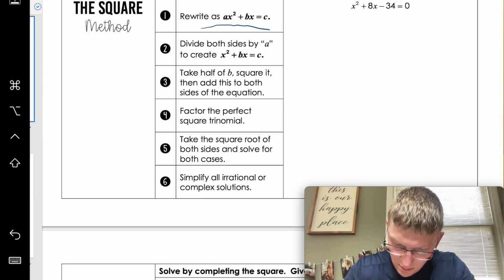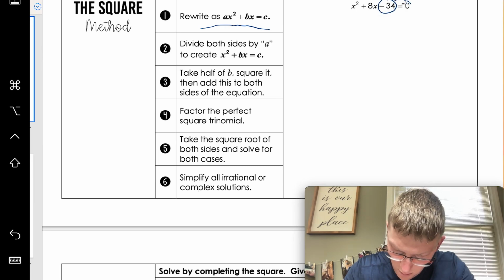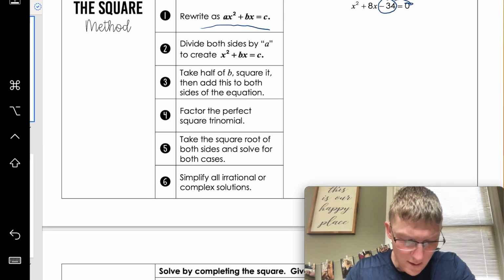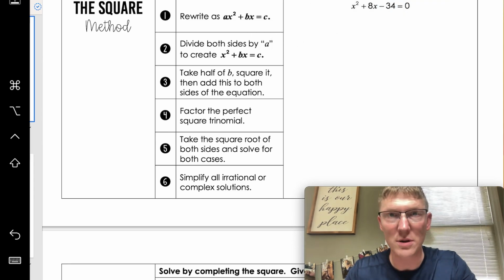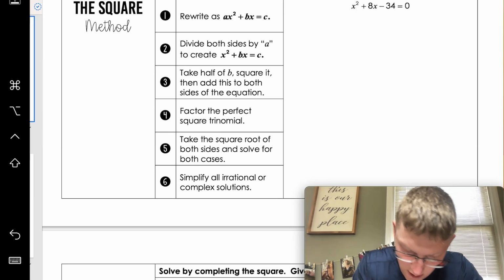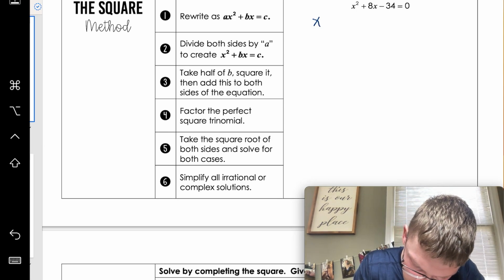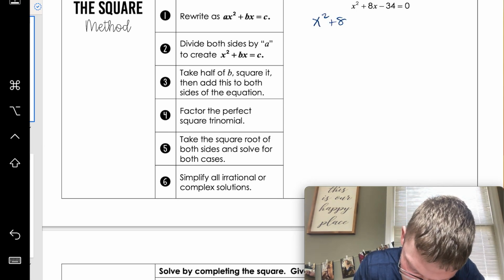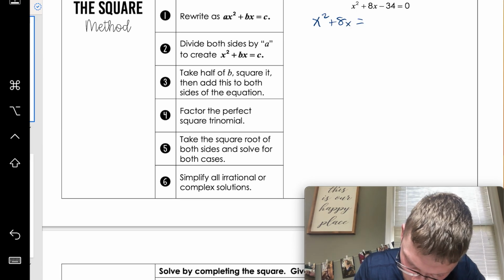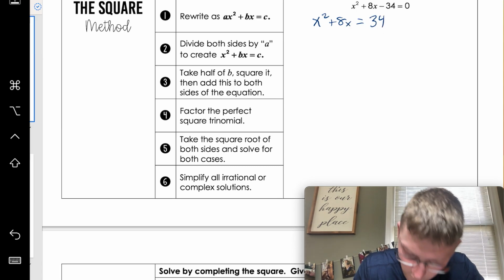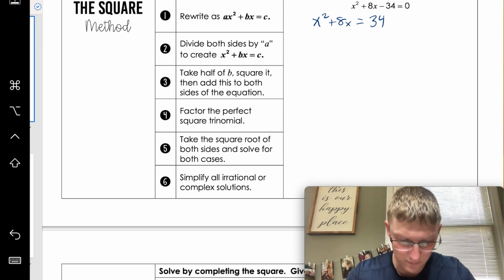So long story short, we want to take this number and we want to put it over there. The reason behind that is we want to control what number is there so we can make sure that it's a perfect square. So we'll go ahead and do that. So we've got x squared plus 8x equals a positive 34 because we added 34 to both sides.